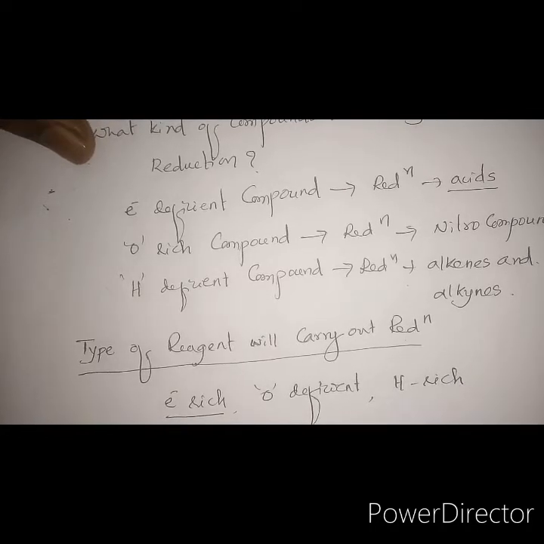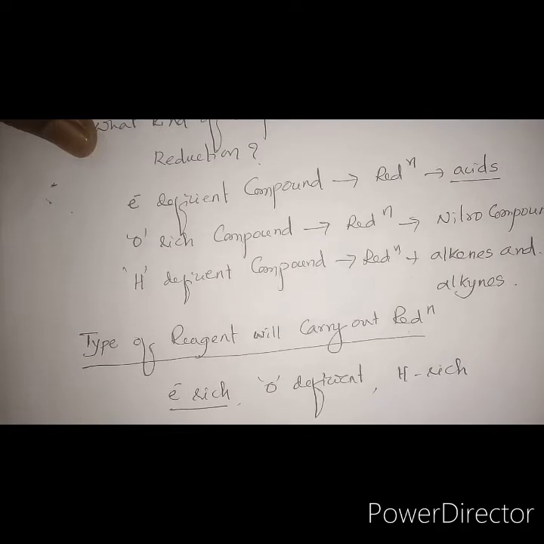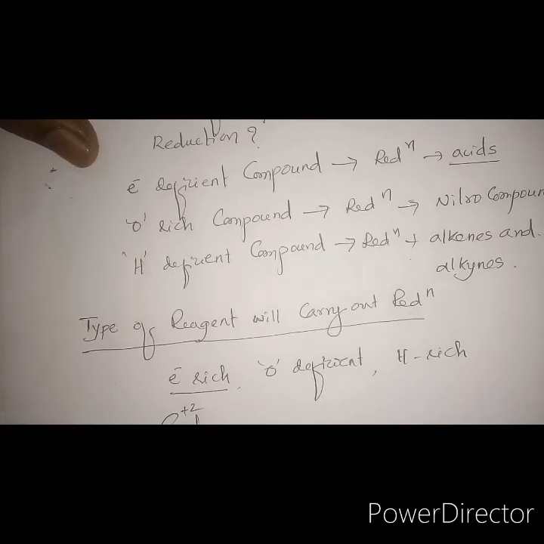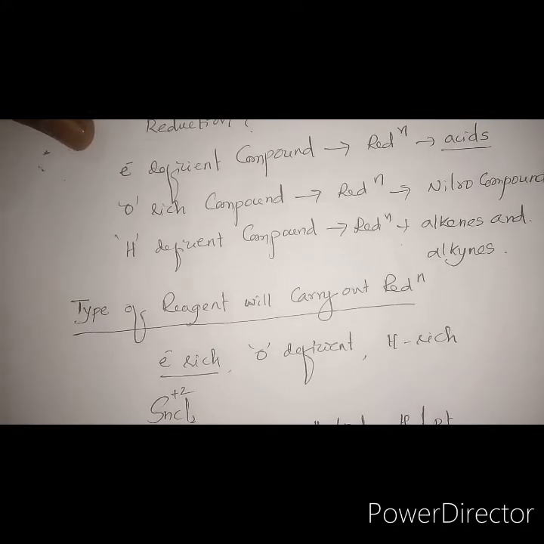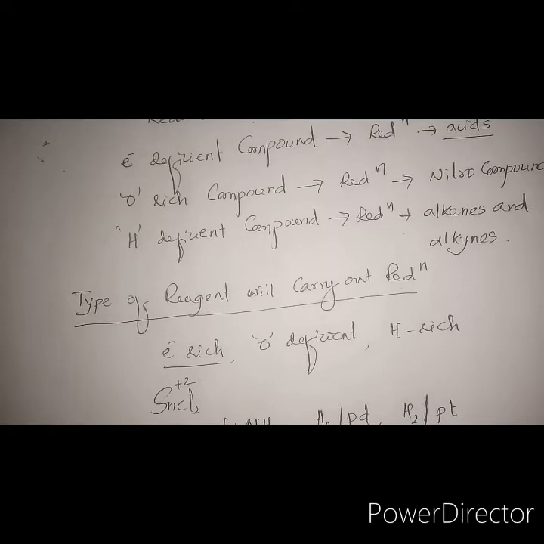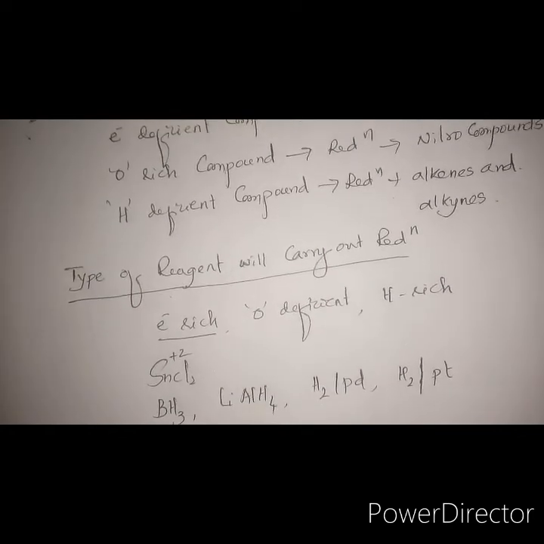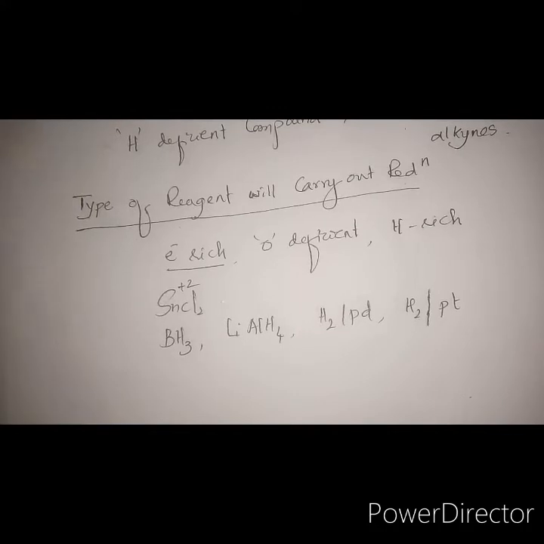For example, tin chloride, which is +2 and electron rich. Borohydride and lithium aluminum hydride are hydrogen rich. Or hydrogen with palladium, hydrogen with platinum. So these electron rich, hydrogen rich, or oxygen deficient compounds will carry out the reduction reaction.